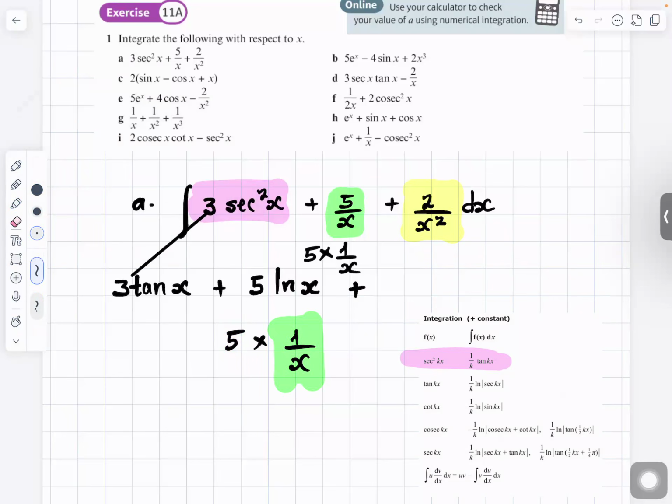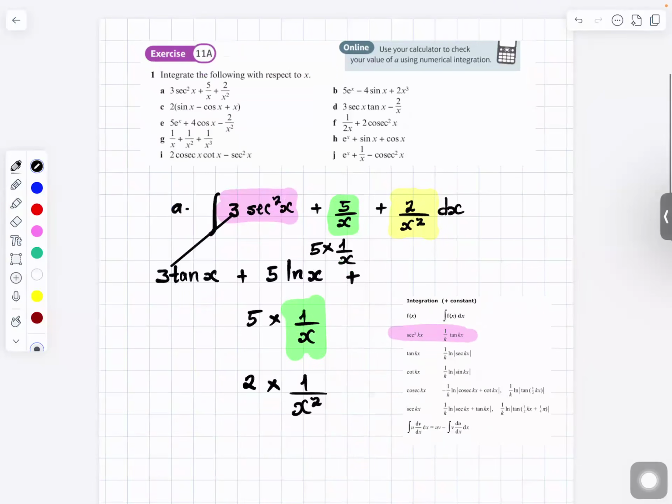Now the last one, 2 over x squared, the one in yellow. You can separate it as 2 times 1 over x squared. To integrate 1 over x squared, you can write it as 2 times x to the minus 2. You take the x squared to the top. Does that make sense?